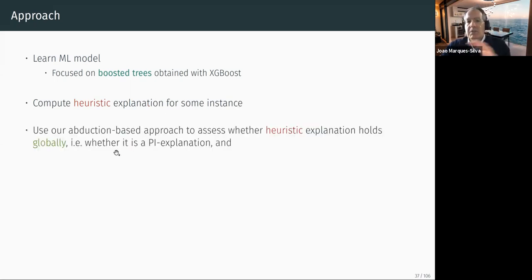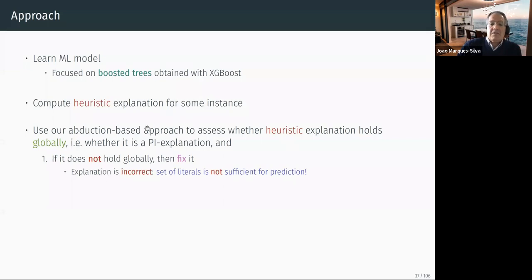And then we use the process I described, an abduction-based approach, to measure whether the heuristic explanation is really a PI explanation or not. And if it is not, then we fix the explanation. So we use, for example, Anchor or LIME or SHAP to give us an explanation, and if it's not a PI explanation as we define it, then we fix it. In this case, we say that the explanation is incorrect. Why? Because the set of literals that we obtain is not sufficient for the prediction.